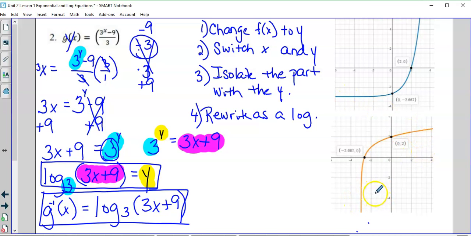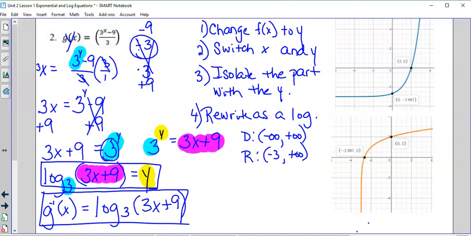And the domain of the blue one, let me see what that one was. I'm just going to give this to you. The domain of the blue one, and I meant to change colors, is negative infinity, positive infinity. The range was -3, positive infinity.